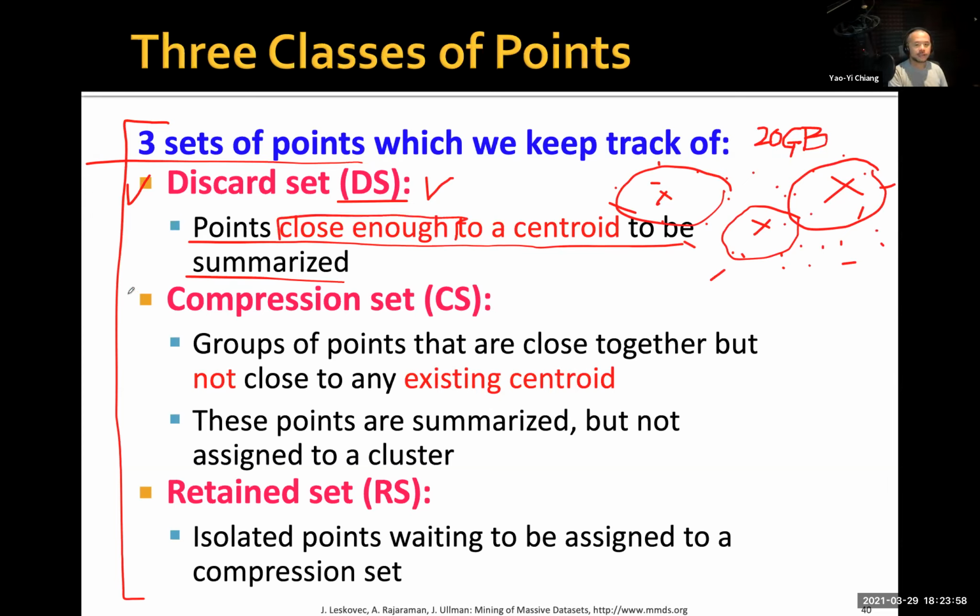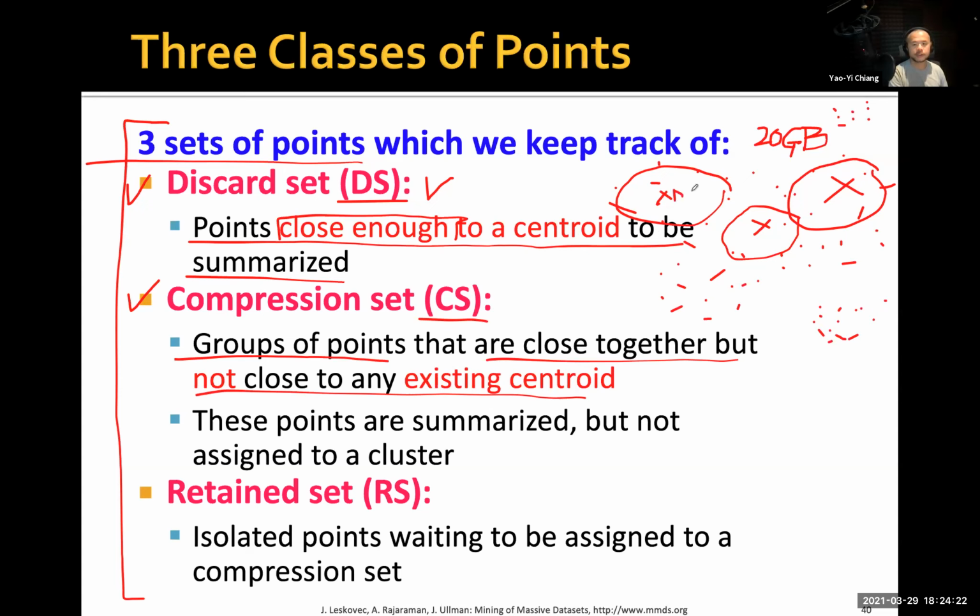The second set is the compressed set. So the compressed set, called CS, these are groups of points that are close to each other, but they are not close to any existing centroid. For example, we might have something like this in your 20 gigabyte, still in the 20 gigabyte, right?